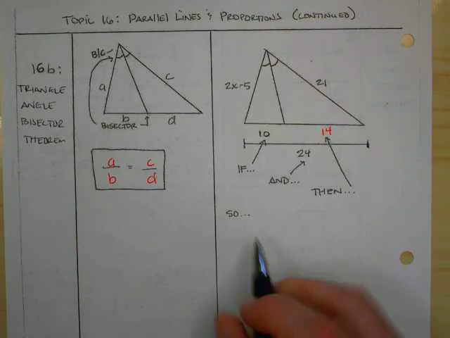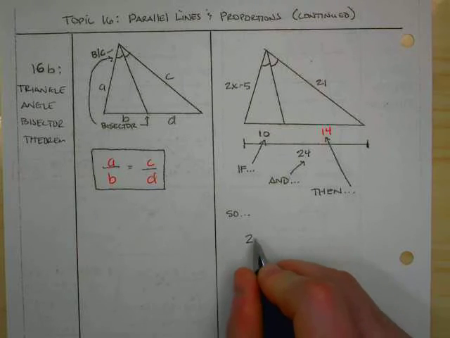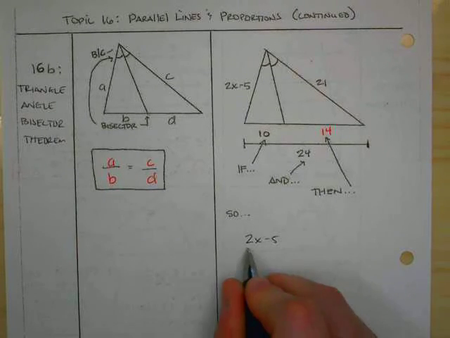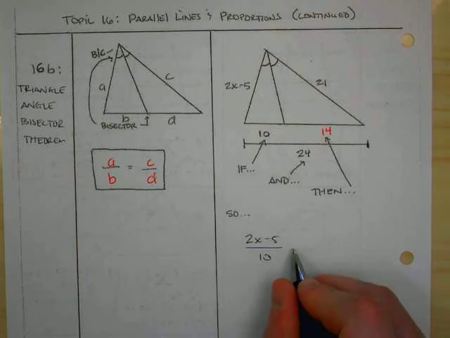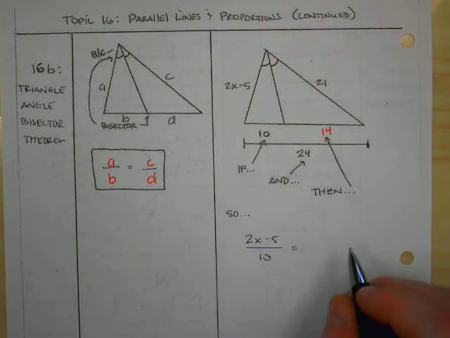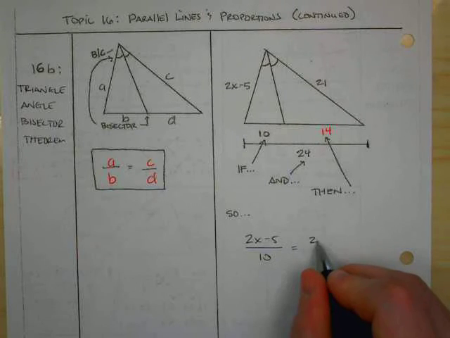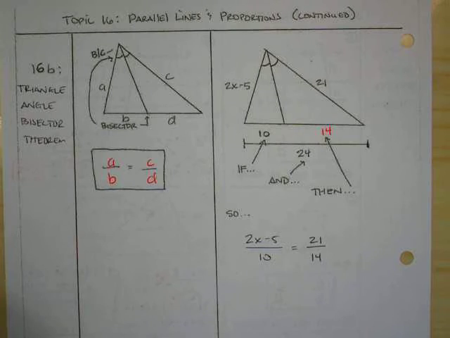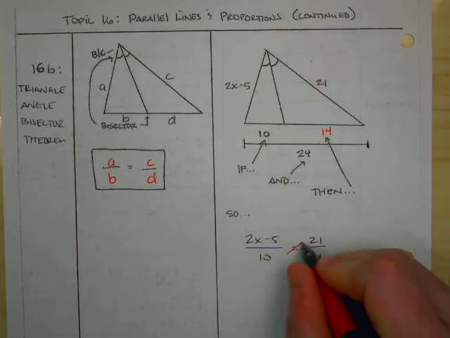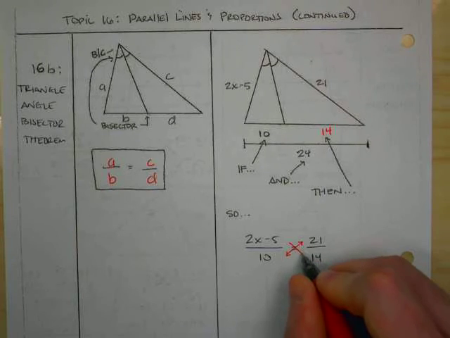So again, A would be 2x minus 5. My B would be 10. My C would be 21, and my D would be 14. To solve any proportion, remember we cross multiply.